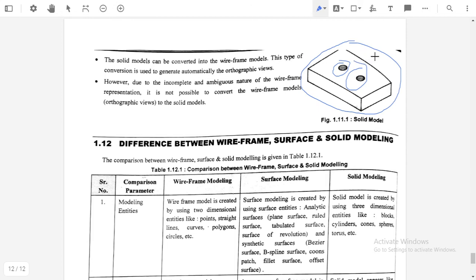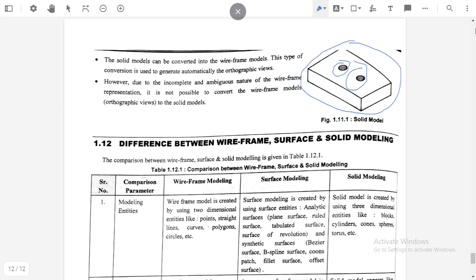Means due to the visualization of the object we get more detailed information related to the object. In solid modeling, the object gets easily visualized. That's why solid modeling is very important for design purposes.